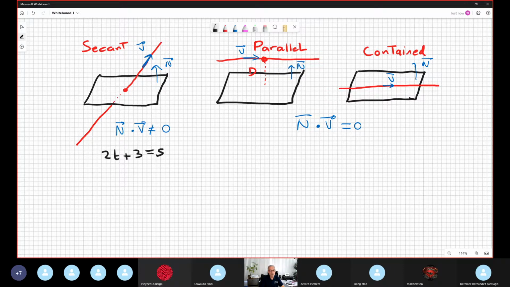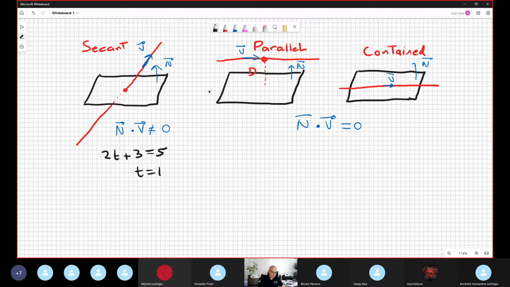When you plug the parametric equation of the line inside the equation of the plane, you get one equation that contains the variable t, the parameter, and you have a solution, suppose 1. This is a hypothetical example, guys. In a few seconds, you see an actual example.